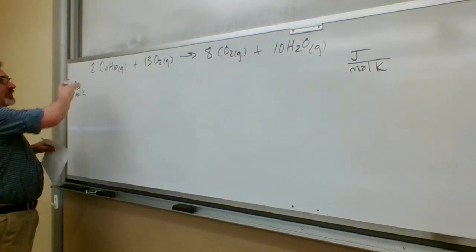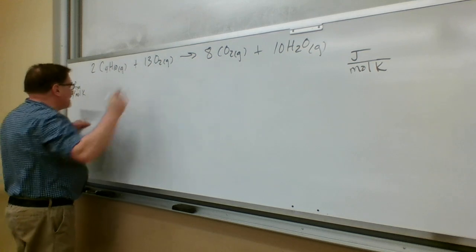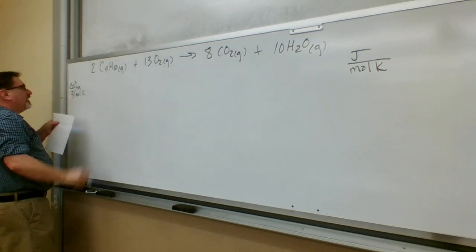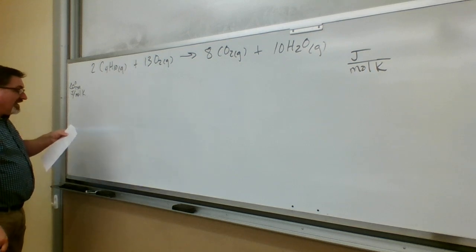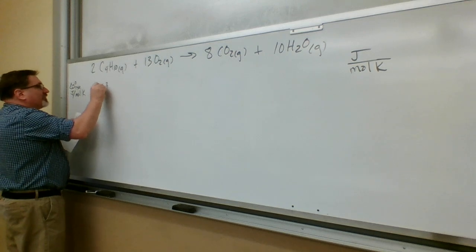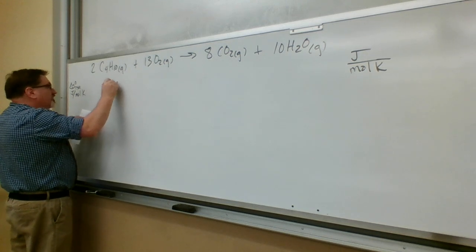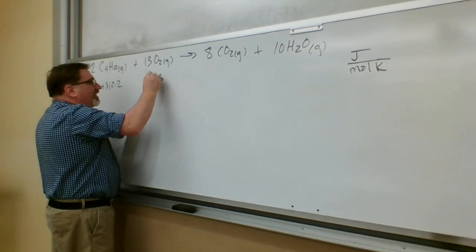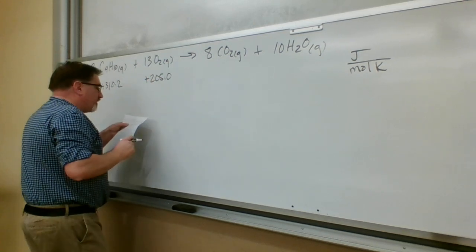So we go to the table, we look up each substance in the phase that it's in. So the entropy of formation for each of these substances, delta S is plus 310.2 for C4H10, plus 205.0 for O2.